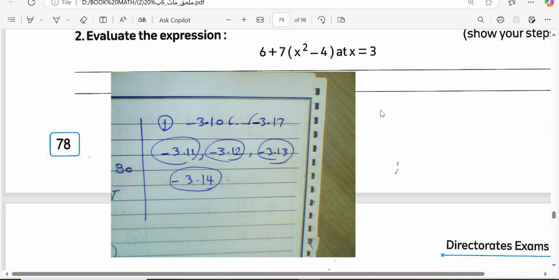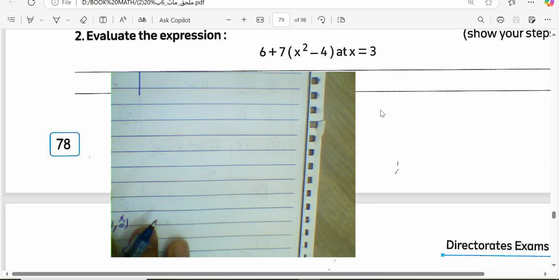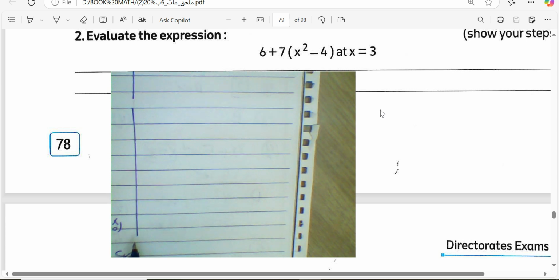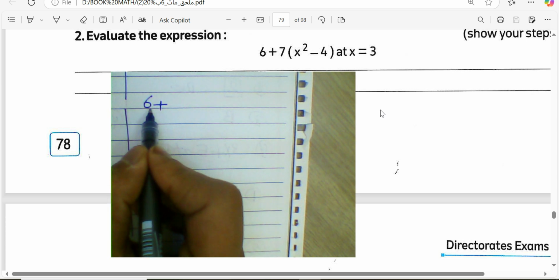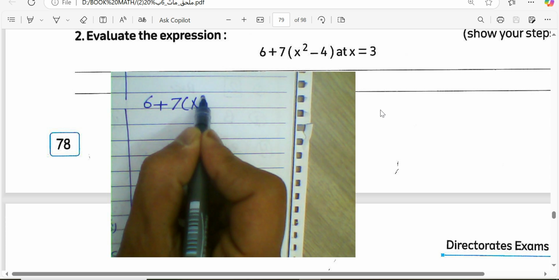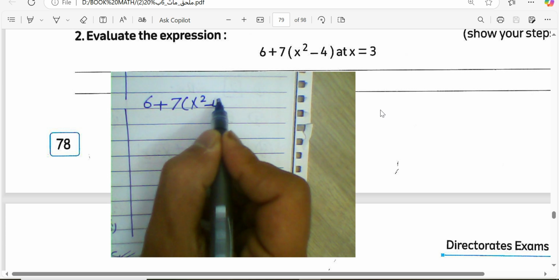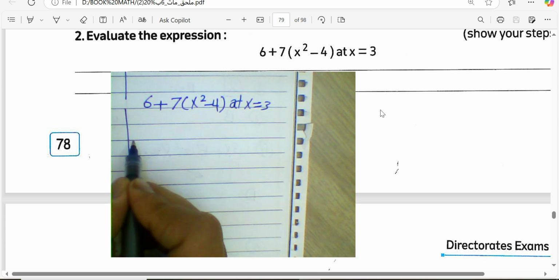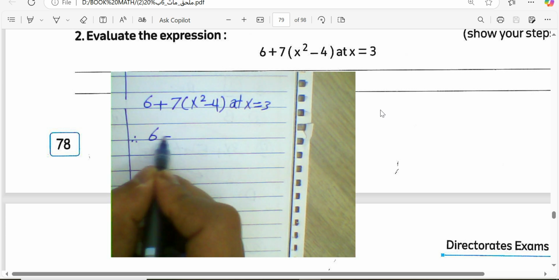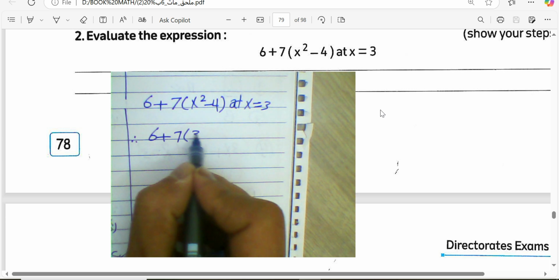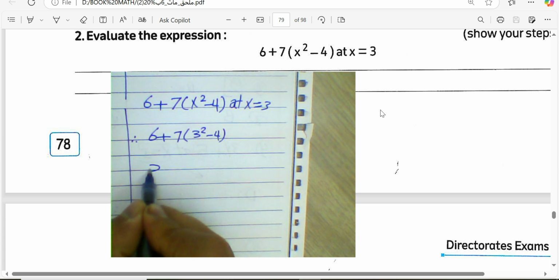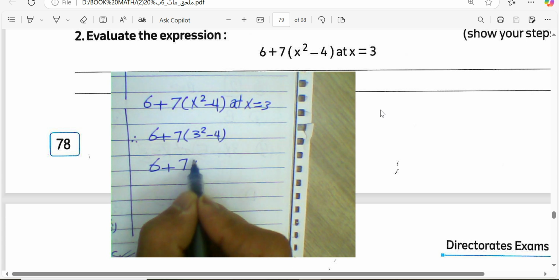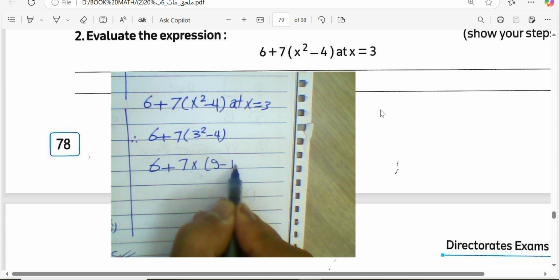We will use the expression 6 plus 7 times x to the power 2 minus 4 at x equals 3. Put x equals 3 here, then we can write 6 plus 7 times 3 to the power 2 minus 4. 3 to the power 2 will be 9.